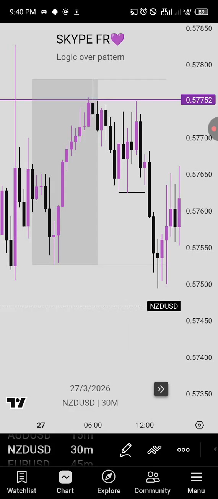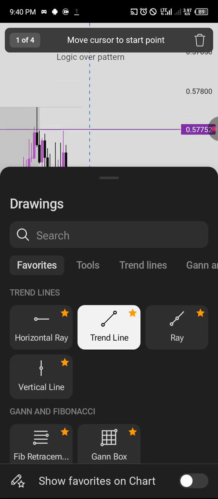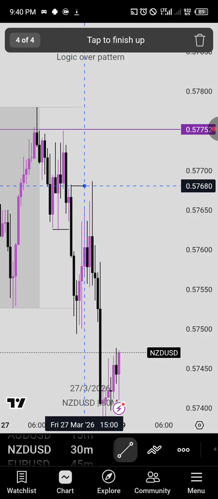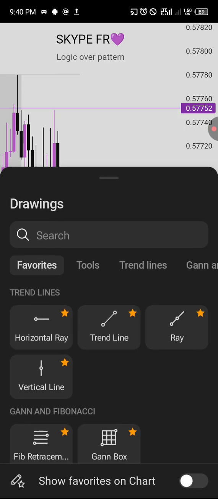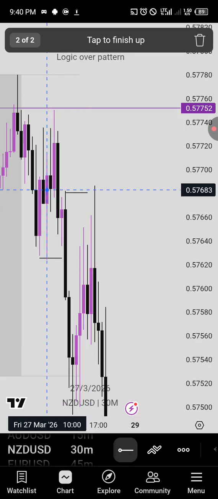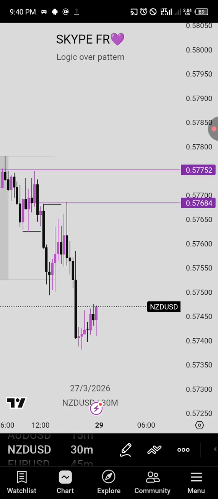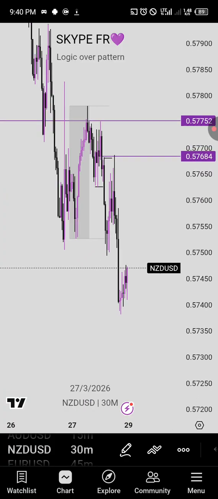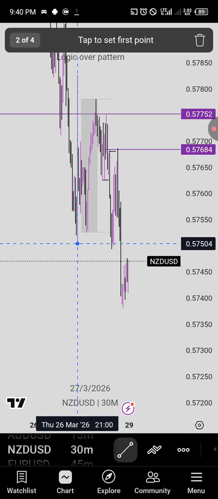So on the 30 minute time frame, we have this as our inducement, and then we have this level, a key level and order block. The order block is also a key level actually. For a trade like this, when you don't know where you want to be targeting, probably you'll be looking at this level.